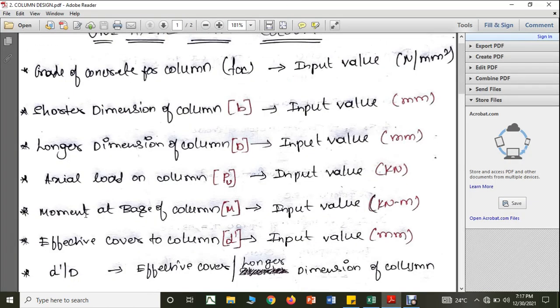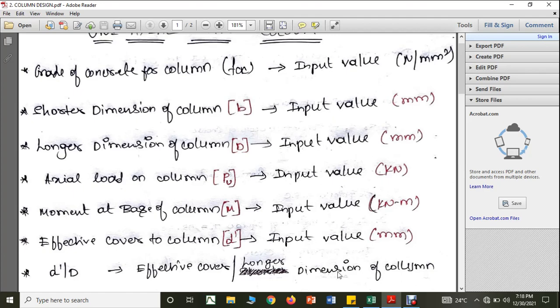Then moment at the base of the column. As I already told, we are designing it for a uniaxially loaded column. That means axial load with one moment. So therefore I am just going to give the moment at the base of the column. If there are two moments, then we have to specify along which direction, whether x or y.